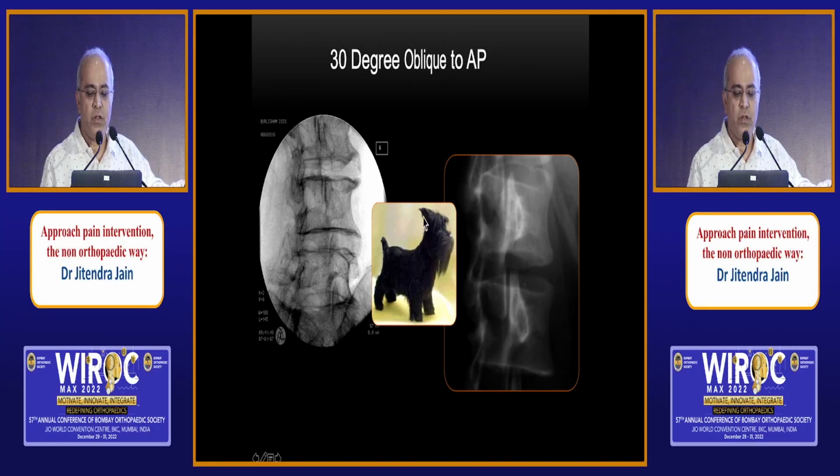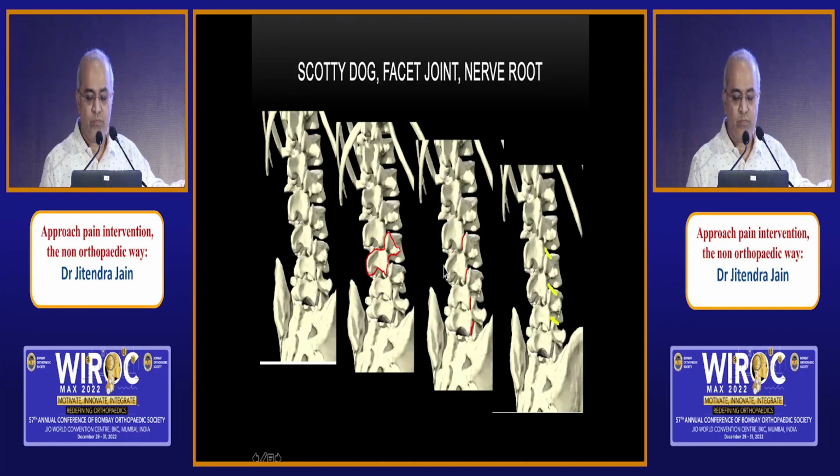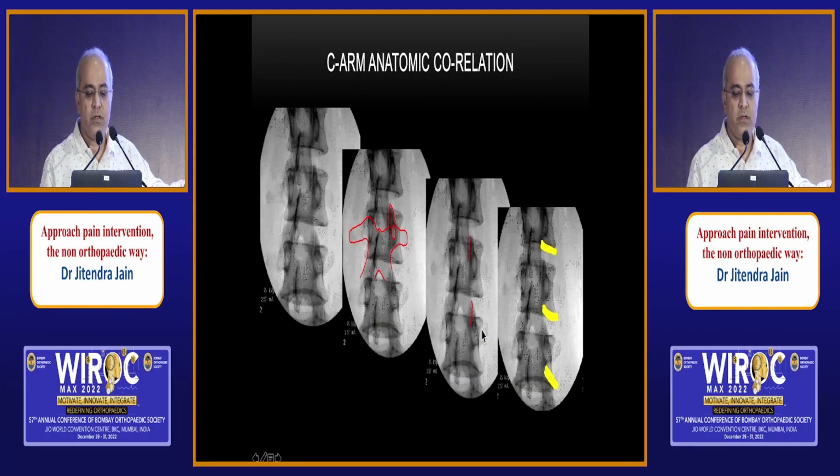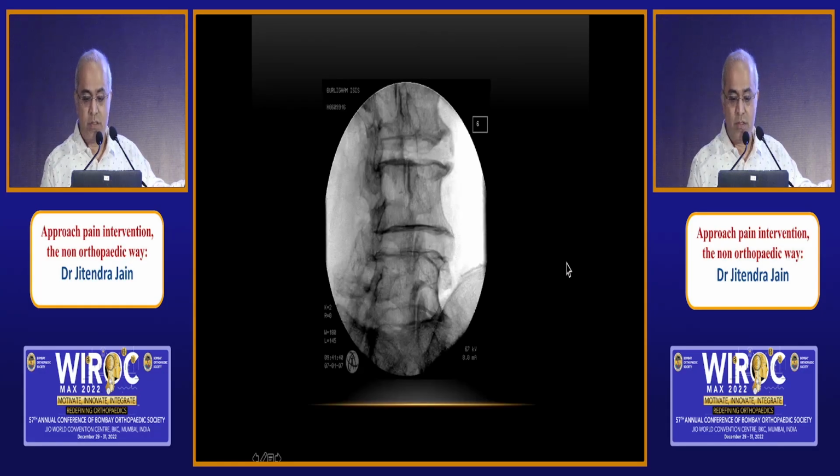The Scotty dog, you can see that. You can see the facet joint here. Under C-arm guidance, you can see the target areas. So the target areas: facet joint, transforaminal, and this is where the median branch lies, the dot that you're seeing.